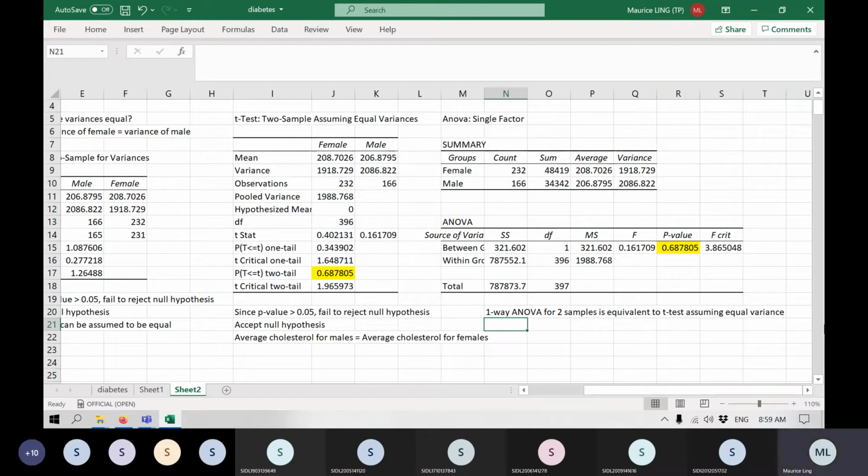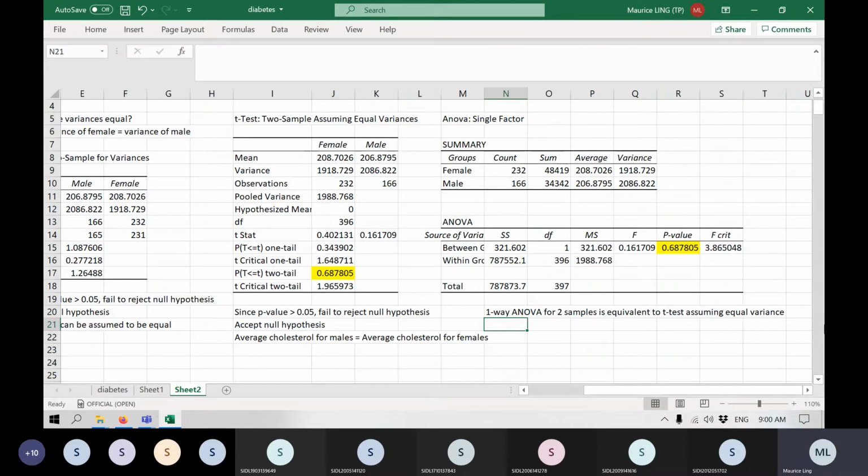This is because ANOVA assumes equal variance. So you can actually use ANOVA as well, assuming that your variances can be equal. Okay, so this is an important part.